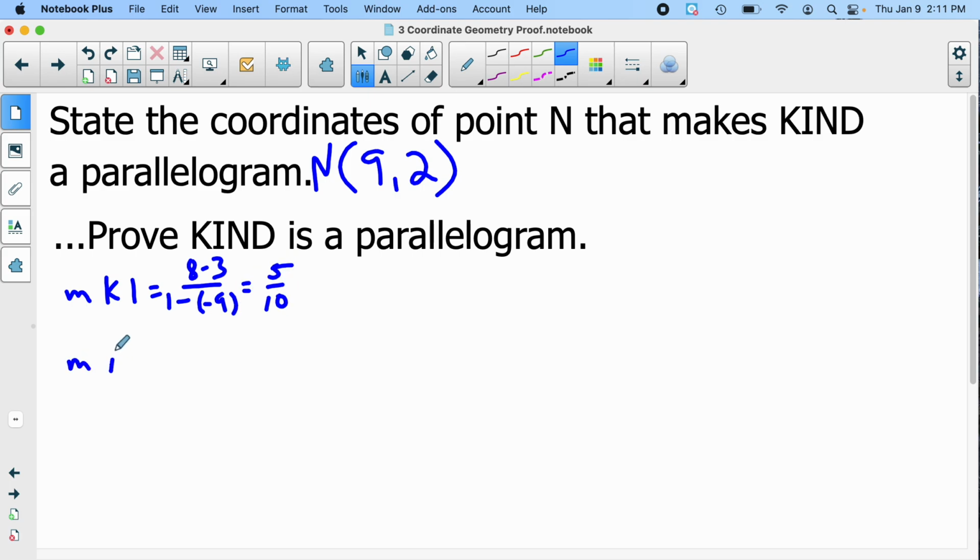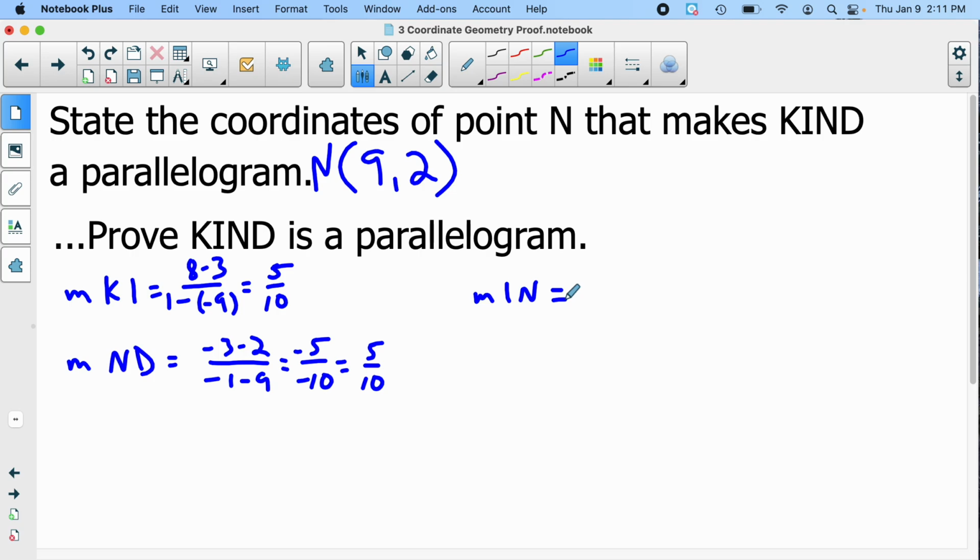And let's see what the slope of side ND is. I've got point N there, point D from before. Maybe I'll do negative 3 minus 2, and then negative 1 minus 9, and sure enough, that gives me negative 5 over negative 10, which is 5 over 10. Let's do some other slopes. Let's do the slope of side IN.